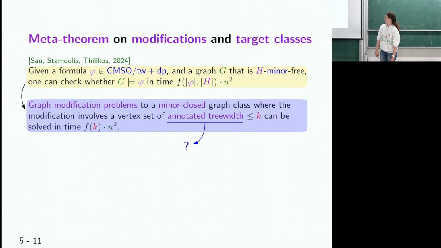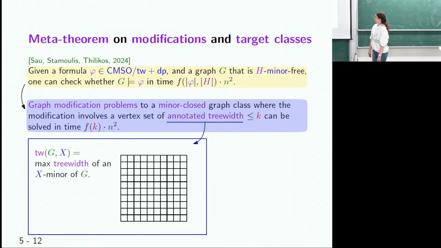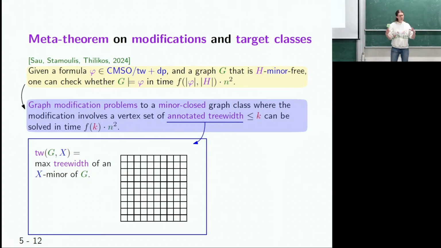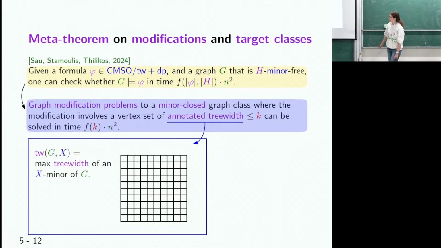And the annotated treewidth, well, I will explain just for fun, but you can not care because we will not really use it. It is almost like the treewidth, but you add a set X in your graph. The annotated treewidth of G on X is the maximum treewidth of an X-minor of G. So what does it mean?